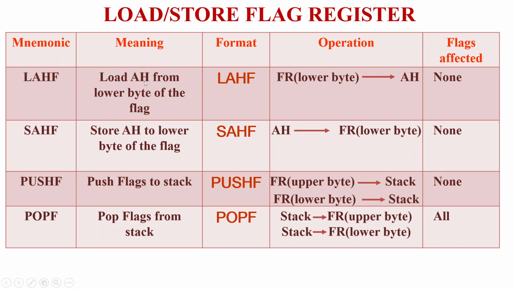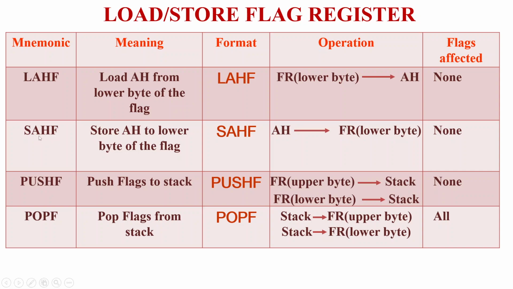AH is nothing but an 8-bit register. So LAHF, this is the format of this instruction. When this instruction is executed, the lower byte of the flag register data is copied to the AH register. Here also the flags are unaffected. And the second instruction we are going to discuss is SAHF.